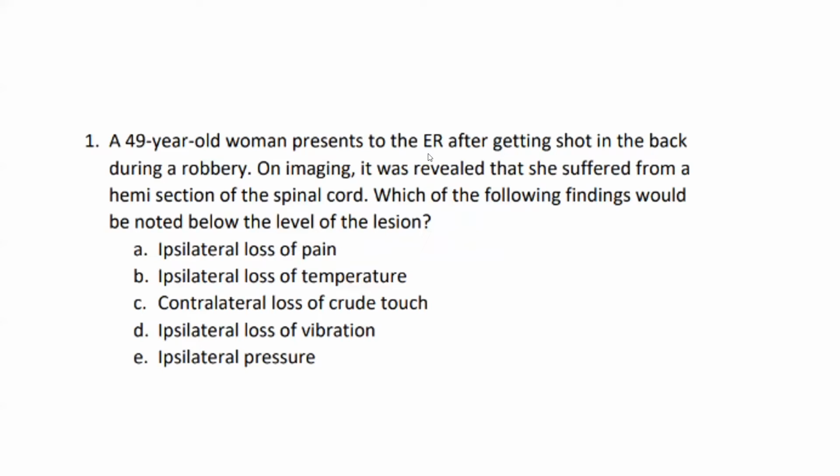A 14-year-old woman presents to the ER after getting shot in the back during a robbery. On imaging, it was revealed that she suffered from a hemisection of the spinal cord. Which of the following findings would be noted below the level of the lesion? So this question is sort of a which tract is going to go where?